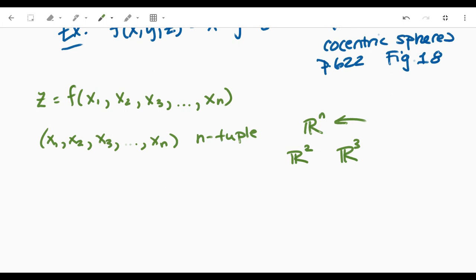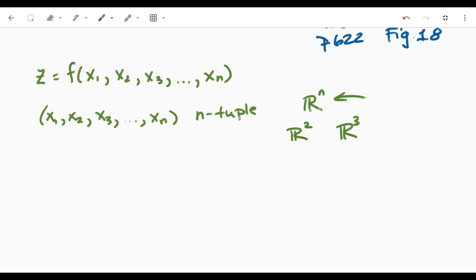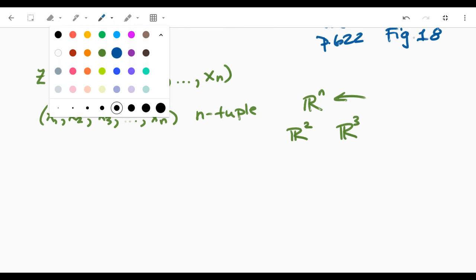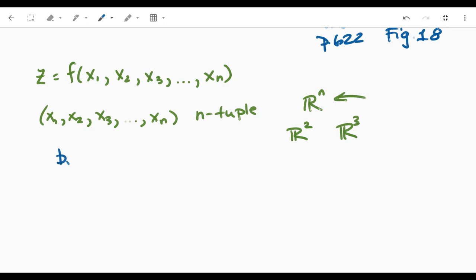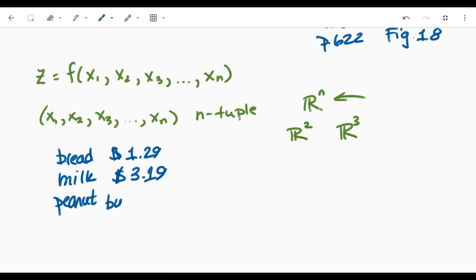An example the book gives is the cost of something. Like if you're doing inventory or, if you store, let's say bread costs $1.29 and milk costs $3.19 and peanut butter is $2.29, and you're buying 10 loaves of bread, 6 gallons of milk, 3 things of peanut butter, right? We multiply those together and add them up.